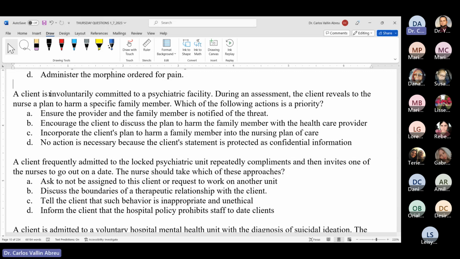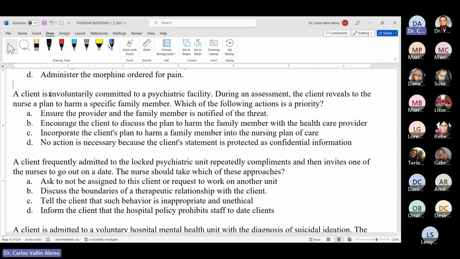So a client is involuntarily committed to a psychiatric facility. During an assessment, the client reveals to the nurse a plan to harm a specific family member. So it looks like this client is homicidal and reveals to the nurse a specific plan targeting a specific person, and you know this information because the client confided in you.